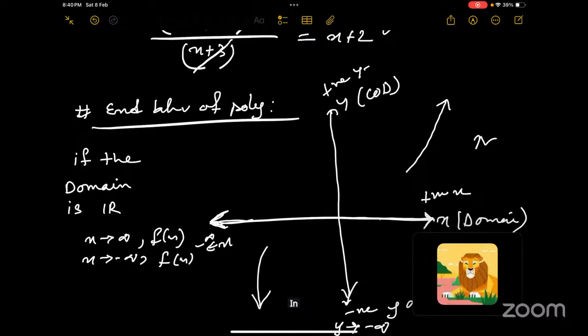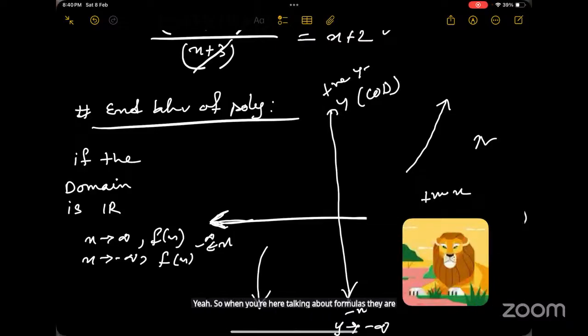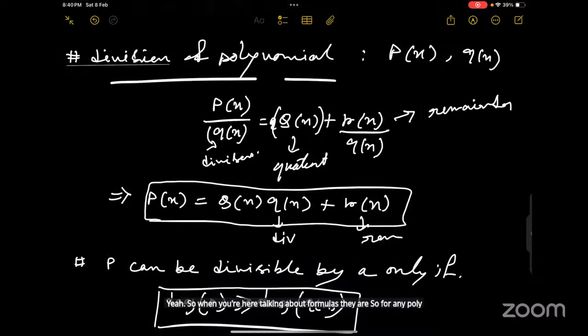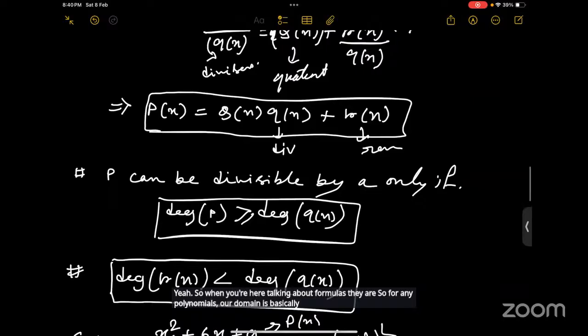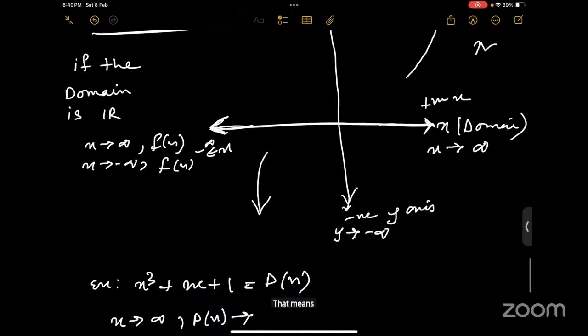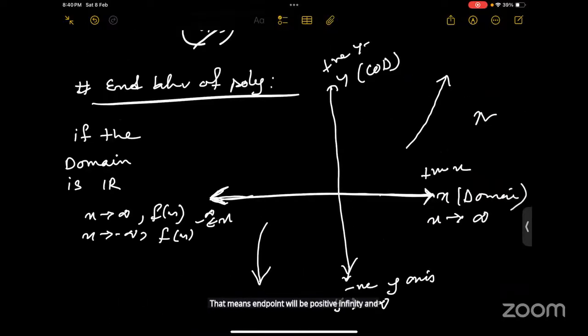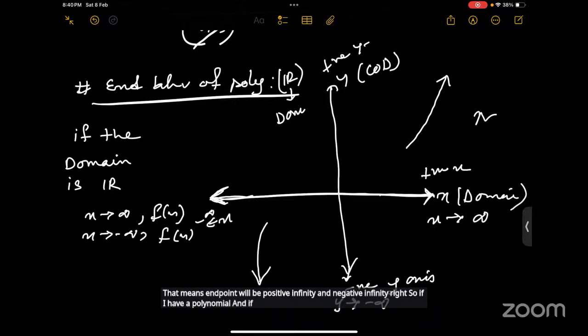When we are talking about polynomials, the domain is the real numbers. That means the endpoints will be positive infinity and negative infinity. So if I ask to check the end behavior of a polynomial, we will check at positive infinity and at negative infinity.